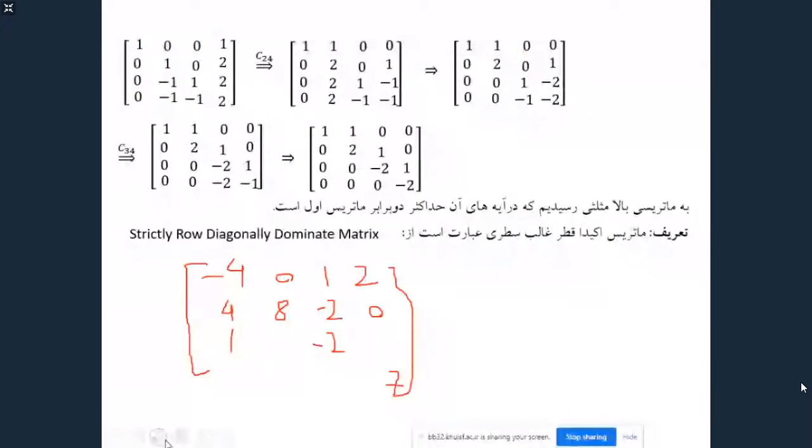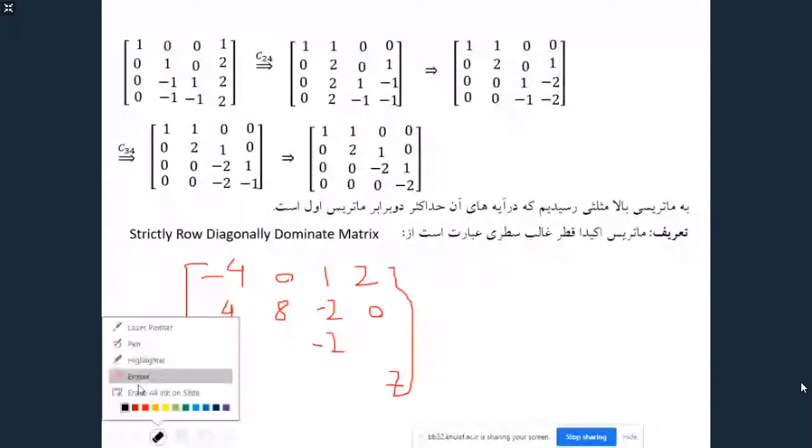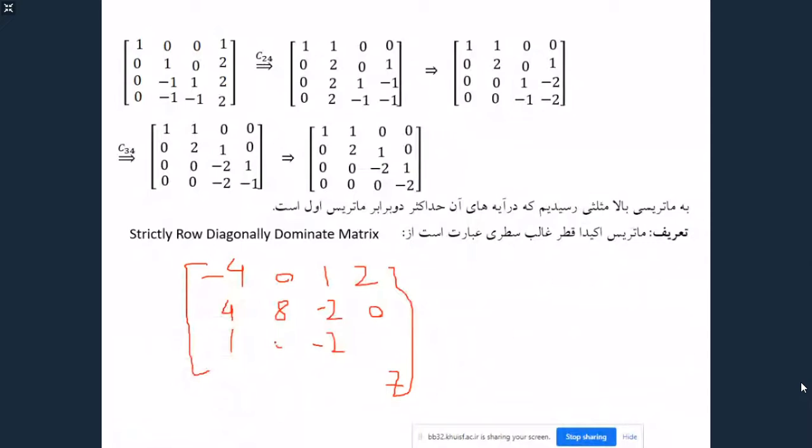that means we have to write 0 here and, for example, minus 0.5 here. All entries here must be less than 7: 3, 2, and 2.